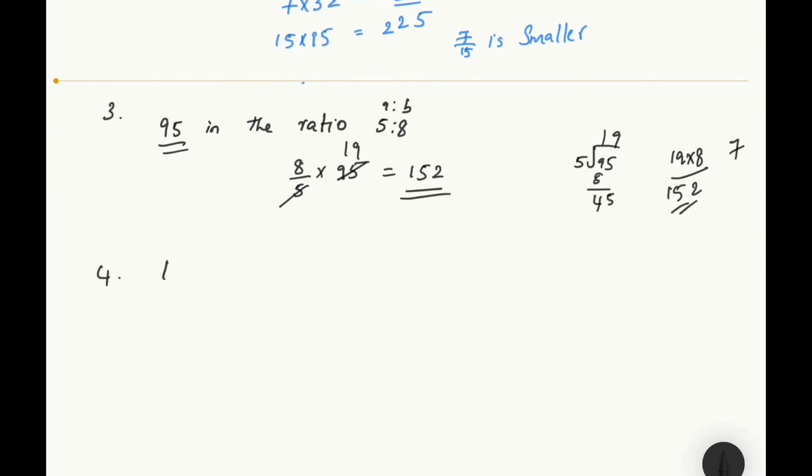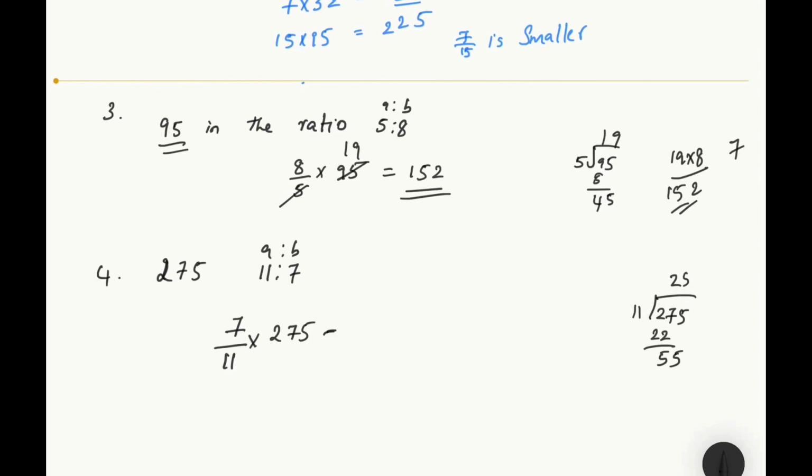Fourth one is decrease 275 in the ratio 11 is to 7. Again, A is to B form. You have to do B by A, that is 7 by 11 into 275, which will be the new quantity. So divide 275 by 11: 2 times 11 is 22, 5 remains, 55.